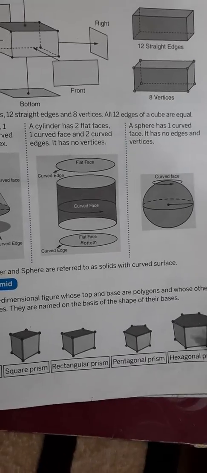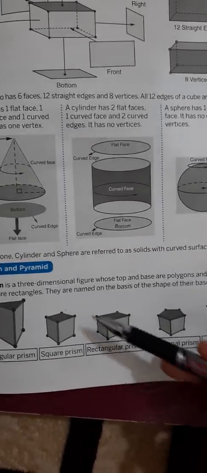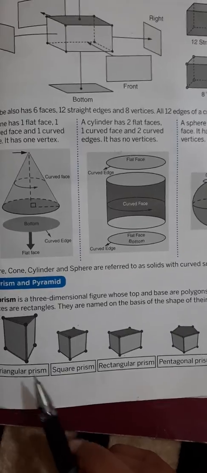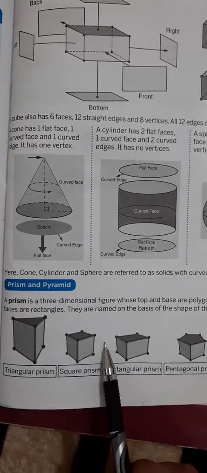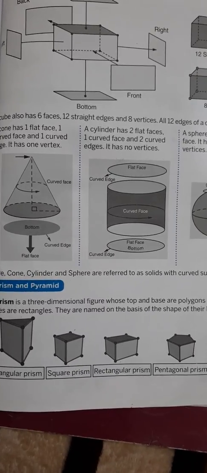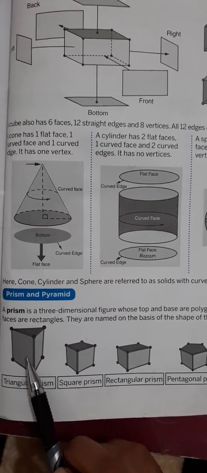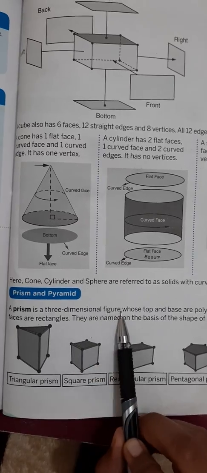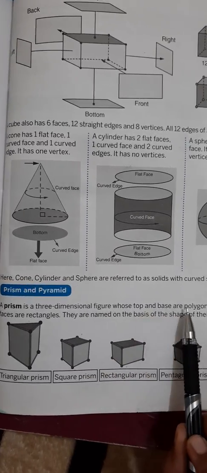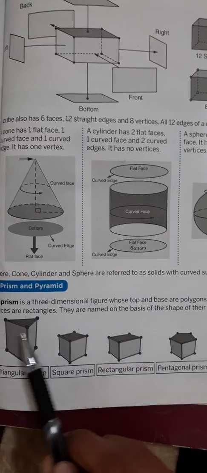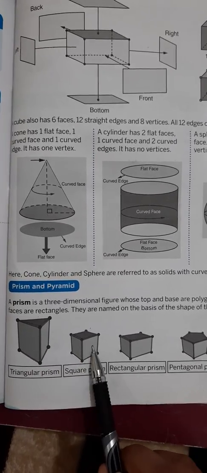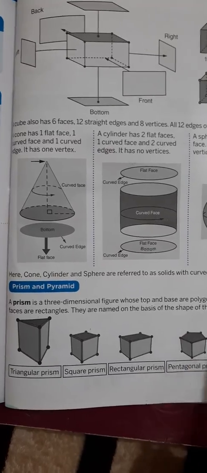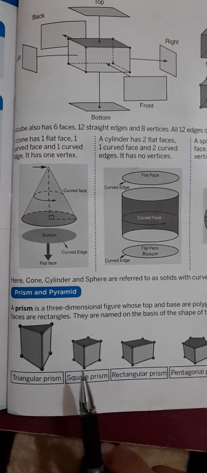So the top and the base are polygons, but one thing common in all of these figures is that the side faces are all rectangles, or squares. So a prism is a 3-dimensional figure whose top and base are polygons and whose other faces are rectangles. This is the definition of a prism.